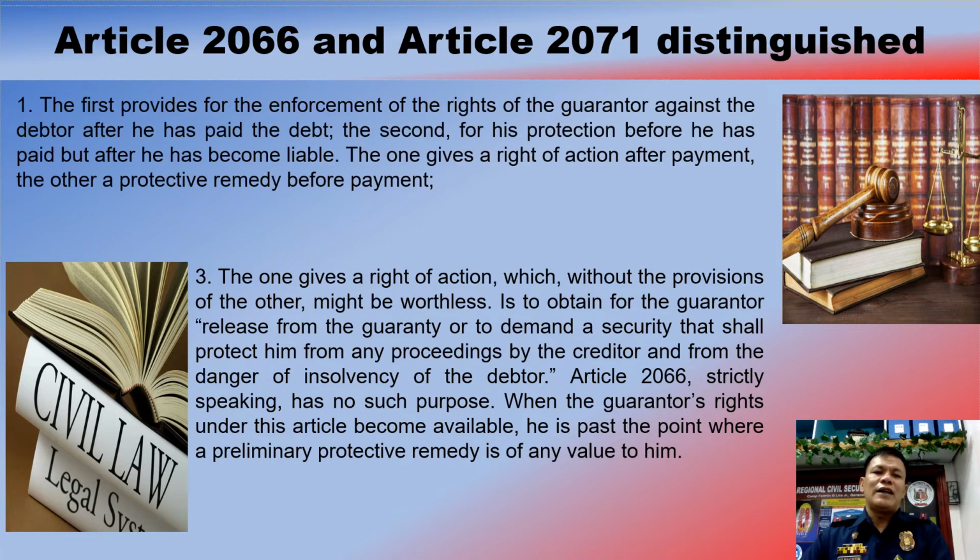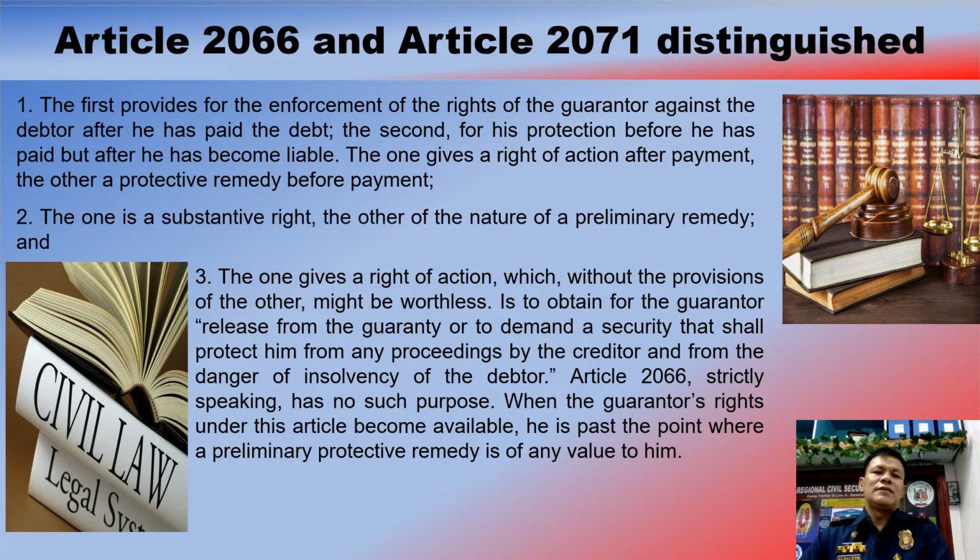Distinction between Article 2066 and Article 2071. First, the first provides for the enforcement of the right of the guarantor against the debtor after he has paid the debt. The second, for his protection before he has paid, but after he has become liable.